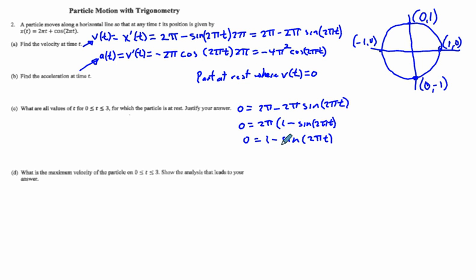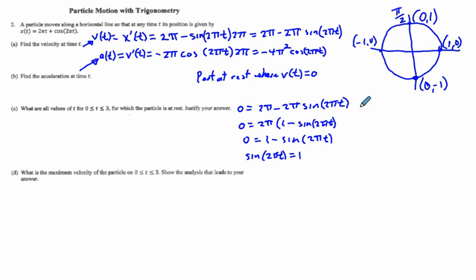And so solving this equation, if we add sine 2 pi t to both sides of the equation, we're going to have sine 2 pi t is equal to 1. And where do we have that happen? We have to have sine of pi over 2, because right up here at the top of the unit circle is pi over 2.